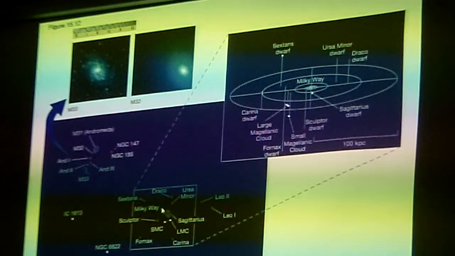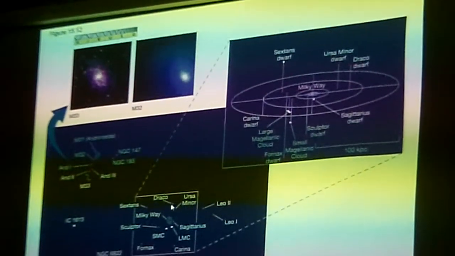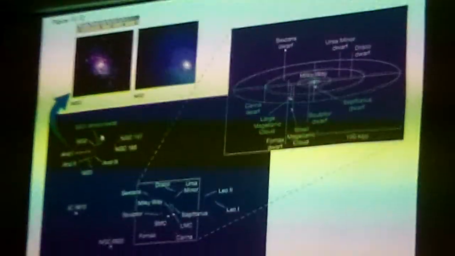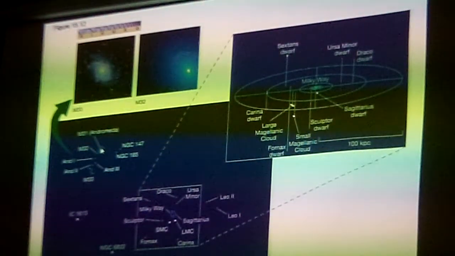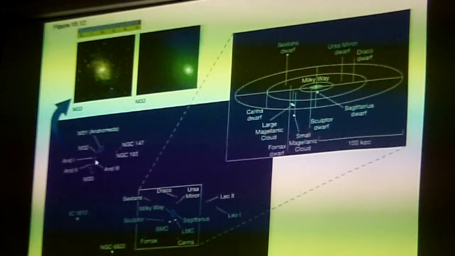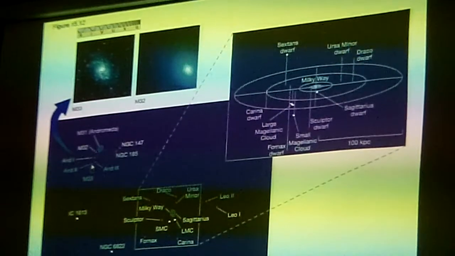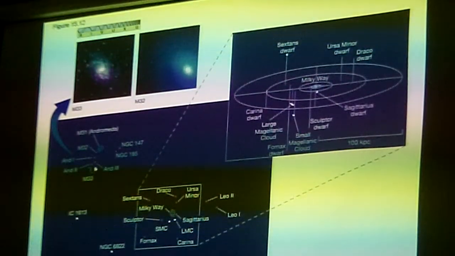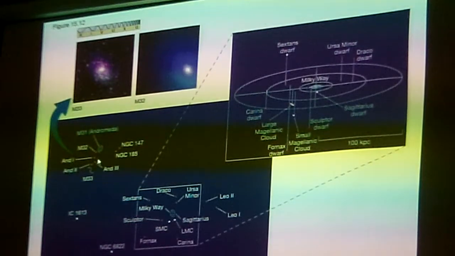And then if we look across over here, there's another group kind of like ours with the Andromeda Galaxy. As a major galaxy, the Andromeda Galaxy is about the size of the Milky Way. And it's got a bunch of little galaxies here going around it. M32, M33, and Andromeda 3, I guess.